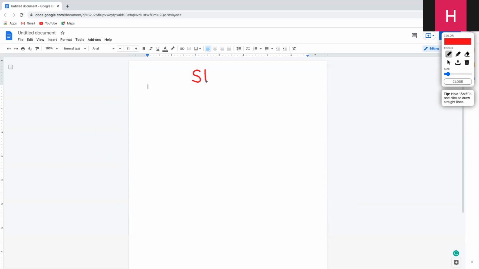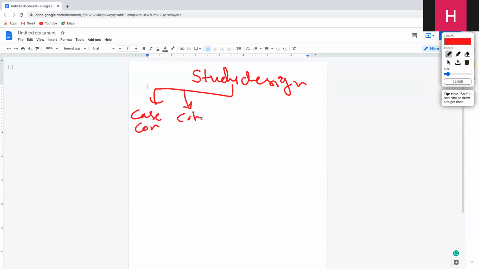So we have the study design. In the study design, what do we have? As we talked before, we have case control, which we just talked about, right? We have cohort. We talked about both types of cohort, which are prospective and retrospective.